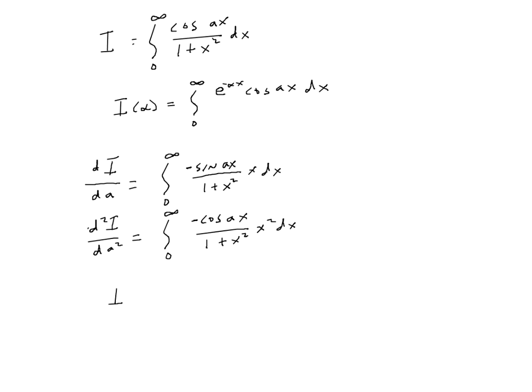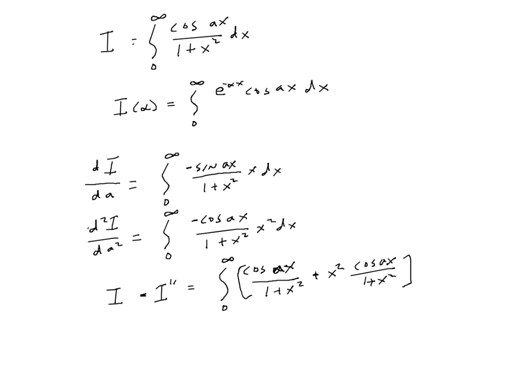If I take the original integral and subtract off the second derivative of that original integral, then what I end up with is the integral from 0 to infinity of cosine ax divided by 1 plus x squared, plus x squared times the same thing, all integrated over x.